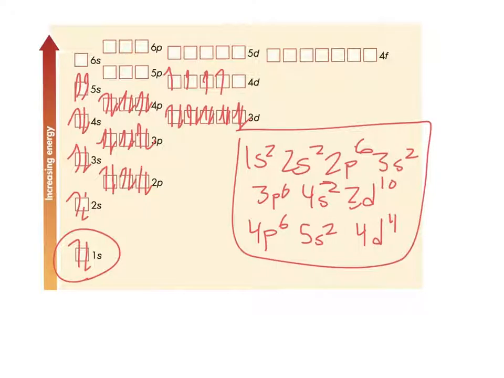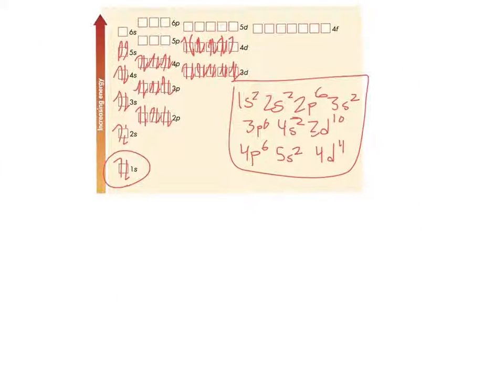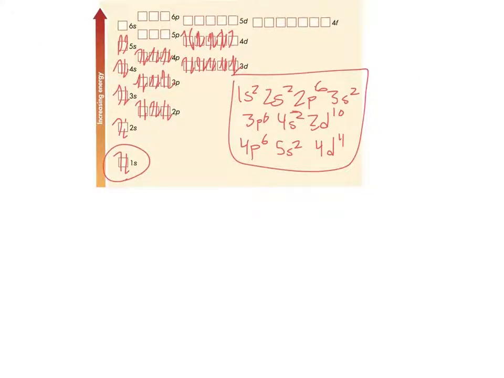So 42, 43, 44, 45, 46, 47. So basically, silver would have the same numbers, but 4d would be to the power of 9.